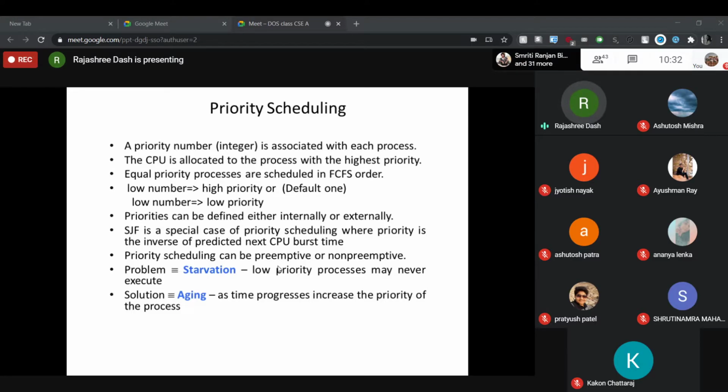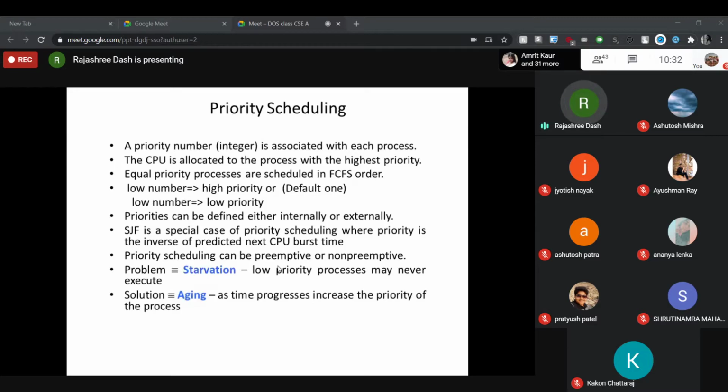Low number representing high priority is the default one. If nothing is specified, you have to assume that low number is high priority. Otherwise, the question will clearly specify. In that case, higher the number, lower the priority. Otherwise, low number is low priority, or high number is high priority.